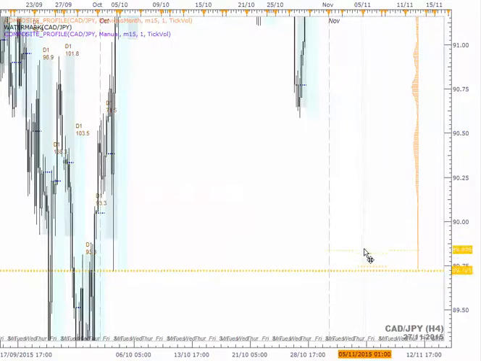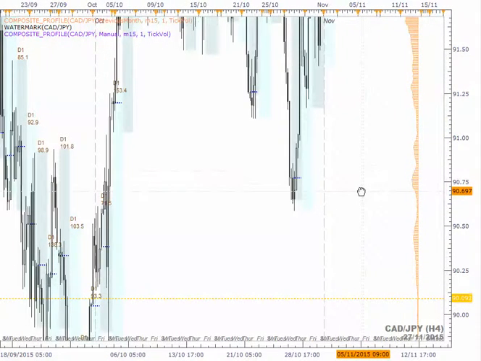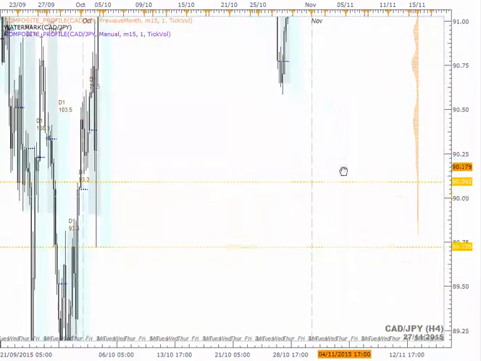In fact, the volume profile is fairly low between 89.72 to 90, which is a 36 pip spread there. Pretty thin volume there for the month.